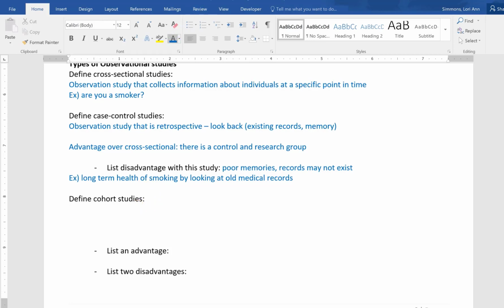And then cohort. This is an observational study that follows a group of individuals over a long period of time. And this is prospective.